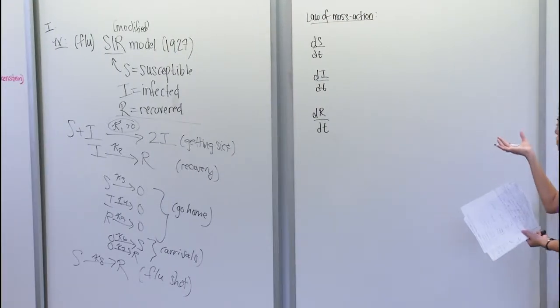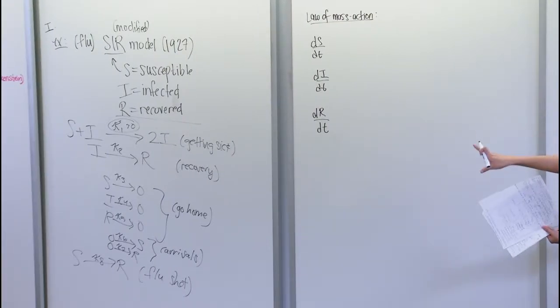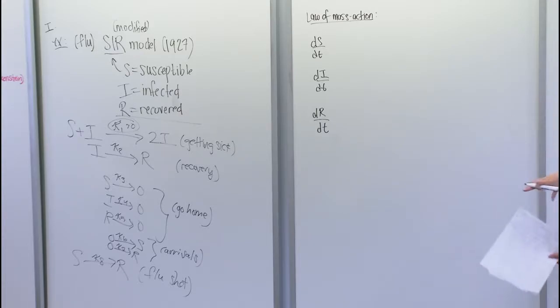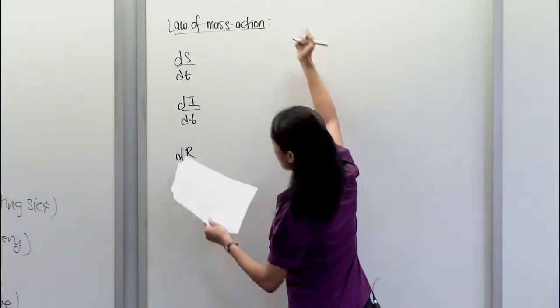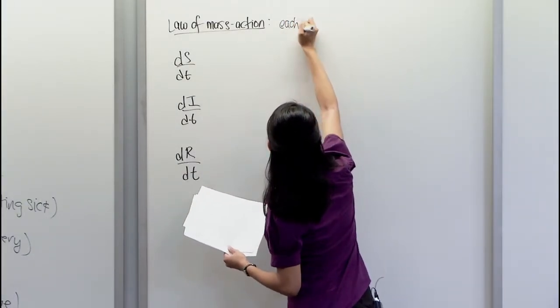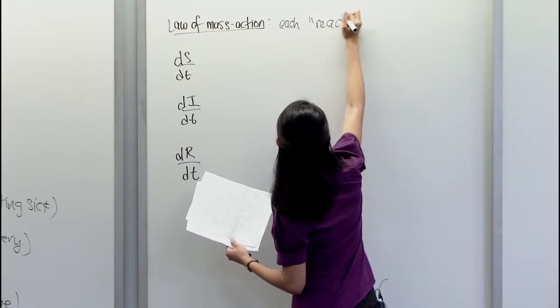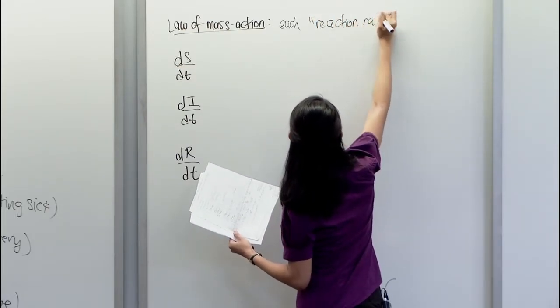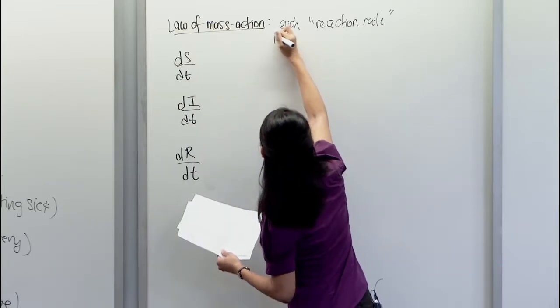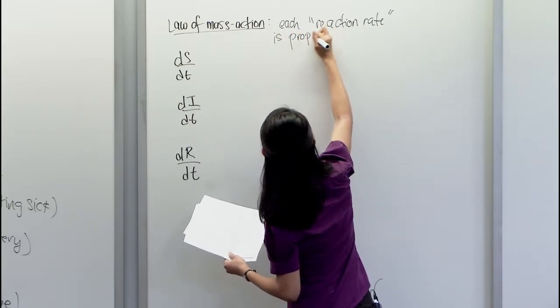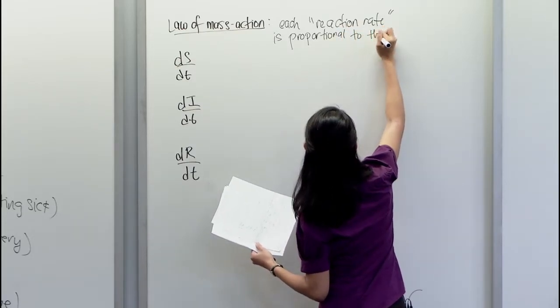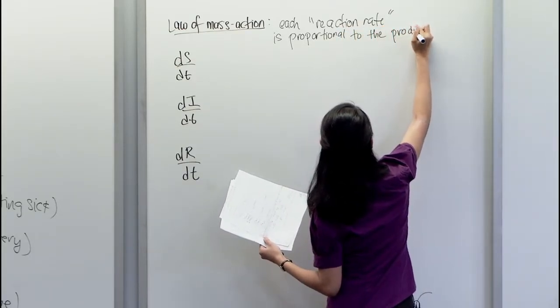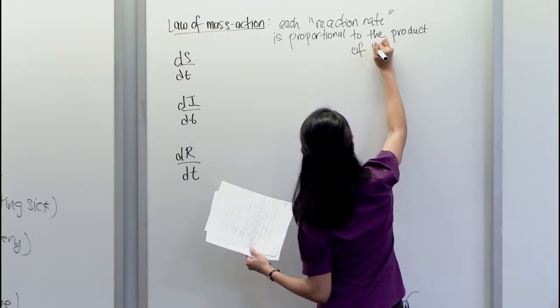In other words, the rate at which the number of susceptible people will change, coming from this one reaction, is proportional to the product. So this is what is described by the law of mass action. It says that each reaction rate is proportional to the product of reactants.